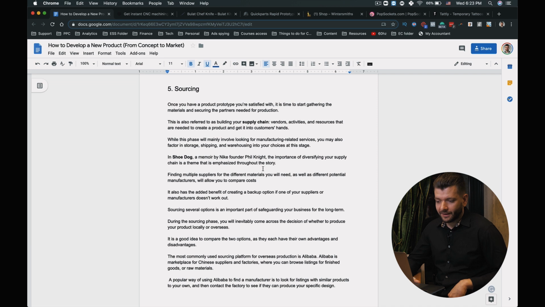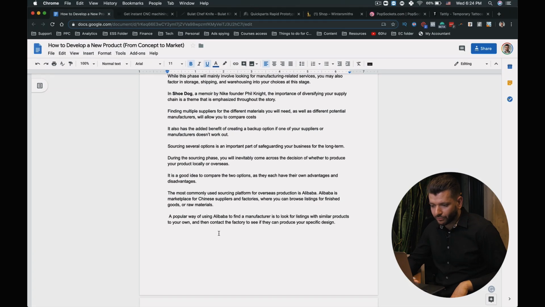Diversifying your supply chain is important, if you read the book Shoe Dog by the founder of Nike, Phil Knight. So having different manufacturers and different suppliers for different materials you will need, and having different options compared, will actually help you to lower your costs, because you'll be able to compare the prices and identify where it is most cost effective to produce your items.